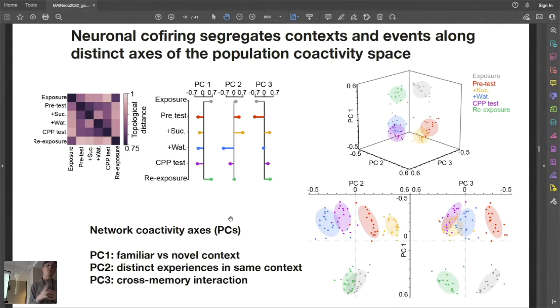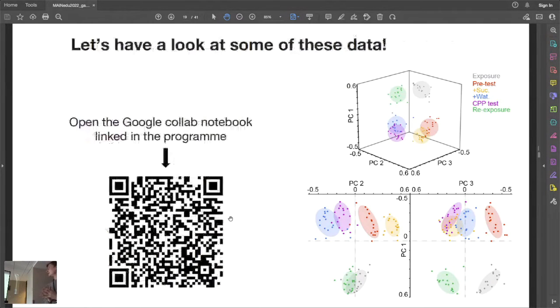Along PC2, we see a separation between the 4 individual experiences in the novel environment. And along PC3, we have highlighted the difference that we saw with the hysteretic dynamic with the co-firing.